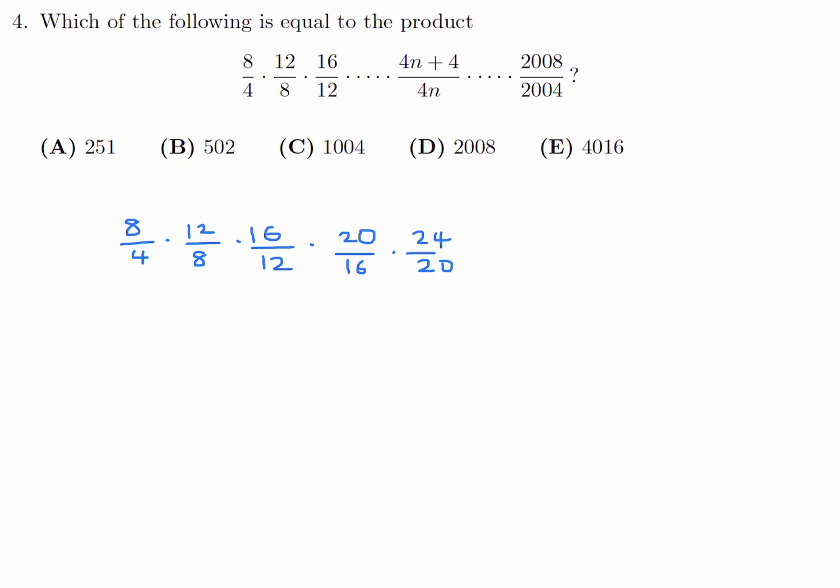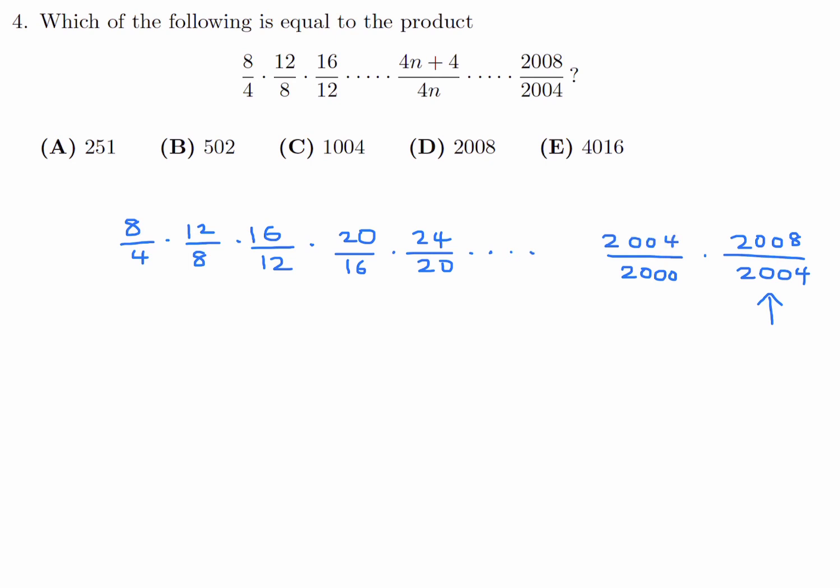So you can kind of see the pattern here. And this keeps on going as a product. And let's just do the second last one. Well, this one was when n was 501, right? Because 4n is equal to 2004. So n is 501. So when n is 500, you would get 2000 and then 2004.